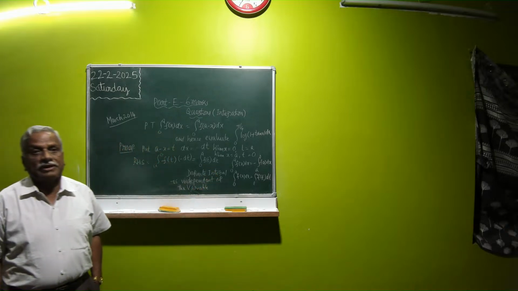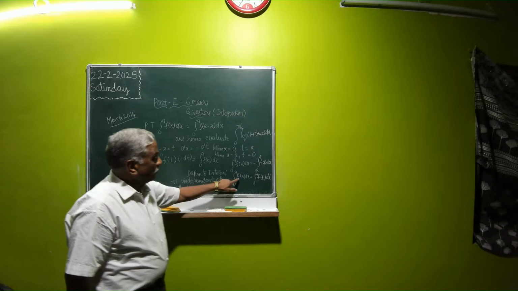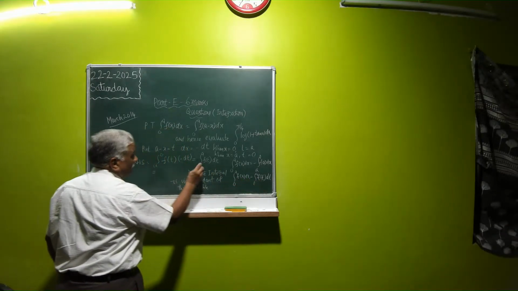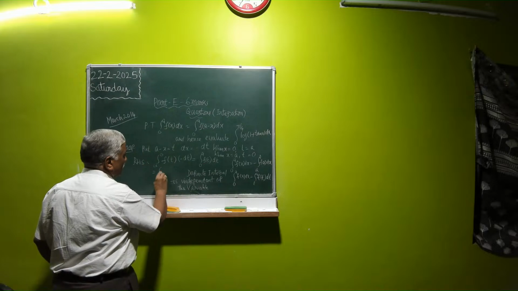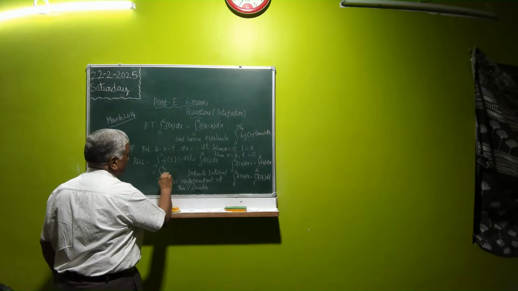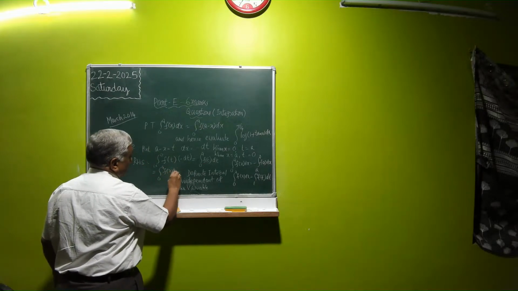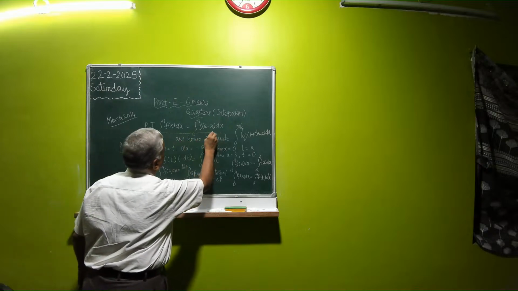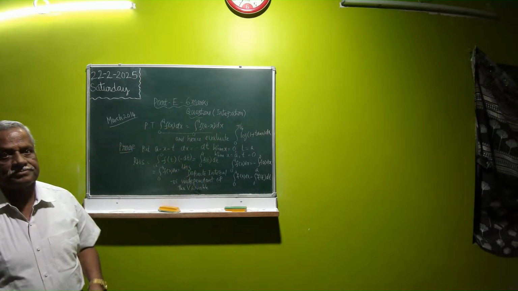So whether you have f x dx or f t dt, therefore this f t dt is going to be integral 0 to a f x dx, that is equal to LHS. So we have proved that RHS is equal to LHS.